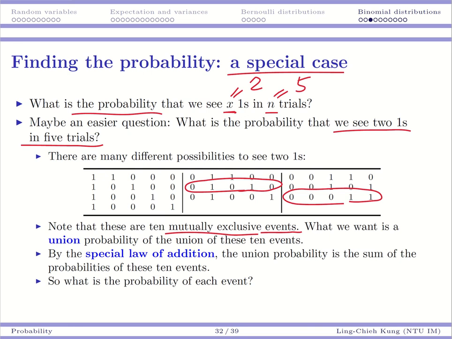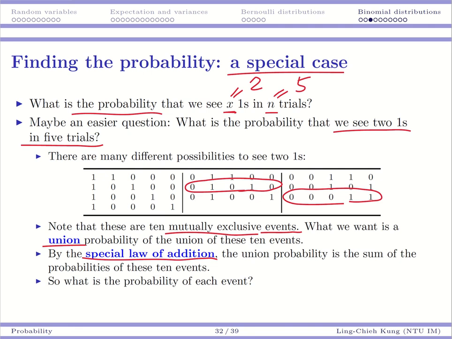So all these 10 events do not include any one of the others. So what we want is the union of these 10 events, okay? All of them may happen, and we count each of them. So we use the so-called special law of addition. That term looks very special, but anyway, it's not.